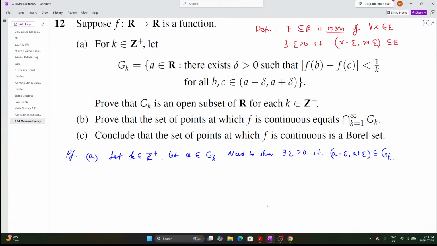All right. So how do we go about finding this epsilon? Typically for this sort of existence proof, some sort of backward reasoning or scratch work is needed. So you want to construct the epsilon and then show it works.